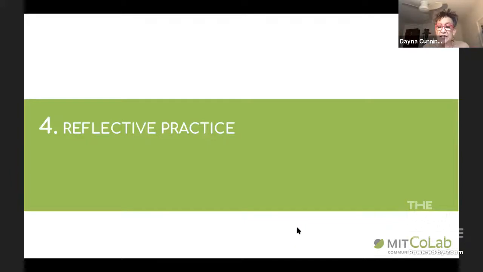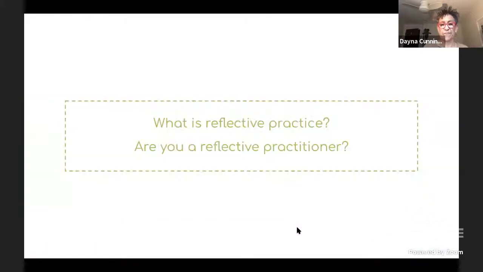Reflective practice is your ticket, the key to continuously understanding not just what you are learning, but how you are learning it, and ensuring that you are learning it in a way that is inclusive of all the essential knowledges that are present in any kind of community-based research enterprise. So that's the question. What is it? Are you one?